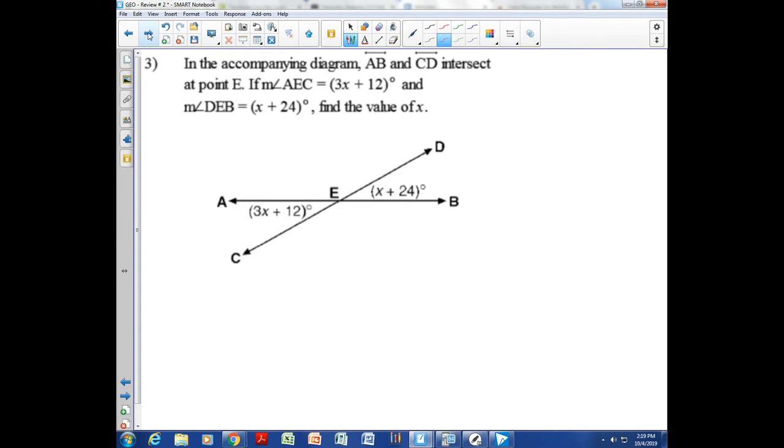Question 3, in the accompanying diagram, lines AB and CD intersect at point E. If the measure of angle AEC is 3x plus 12, and the measure of angle DEB is x plus 24, find the value of x.